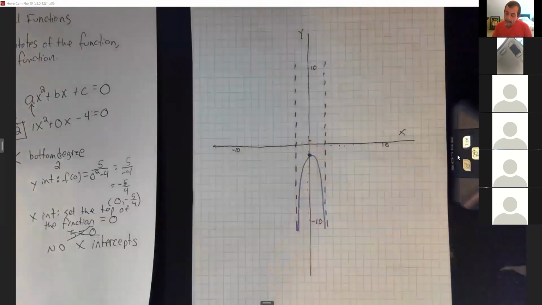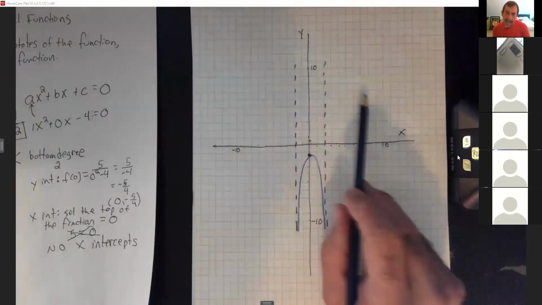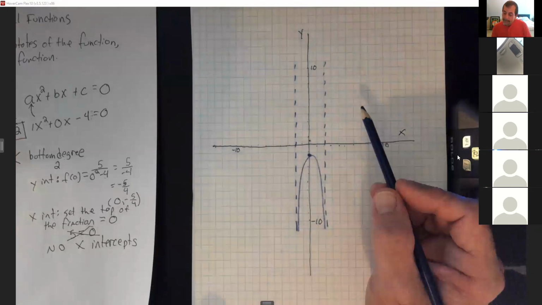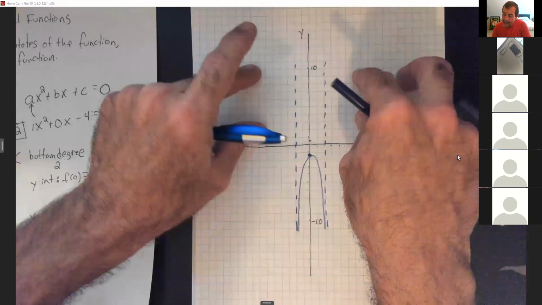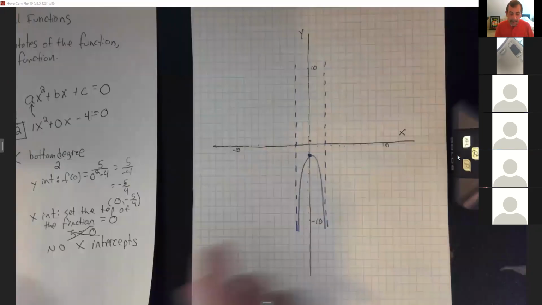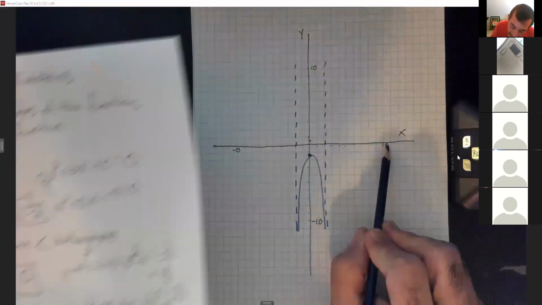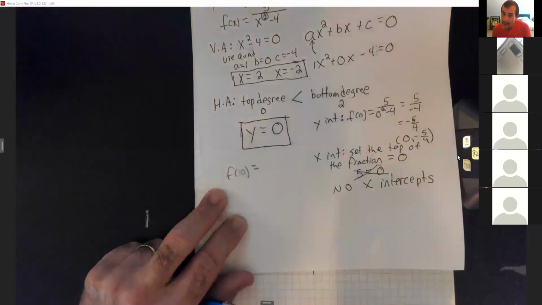So now we need to figure out what's happening over here. And this is where you might need another point to try. So we need to know if the graph is going to be up here in the positives or down here in the negatives, okay? So what I might do, if you notice over here, I got a 10. So I'm going to come in and find f of 10 just to see if I'm positive or negative.